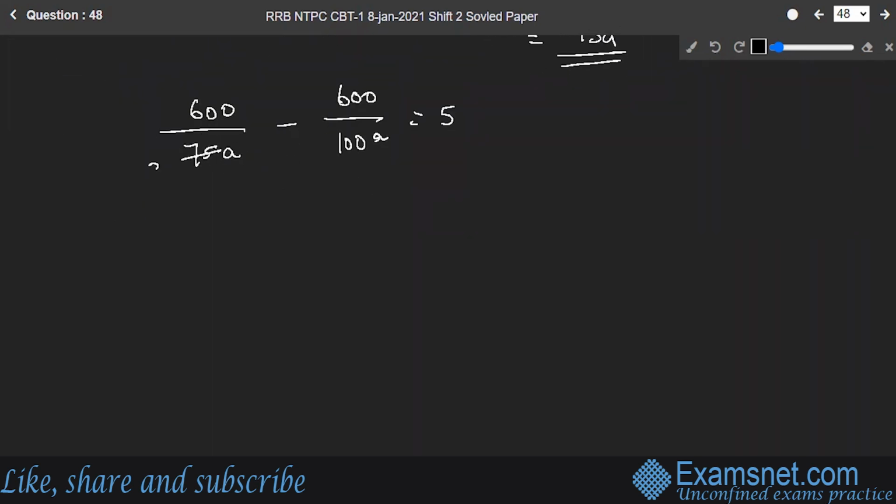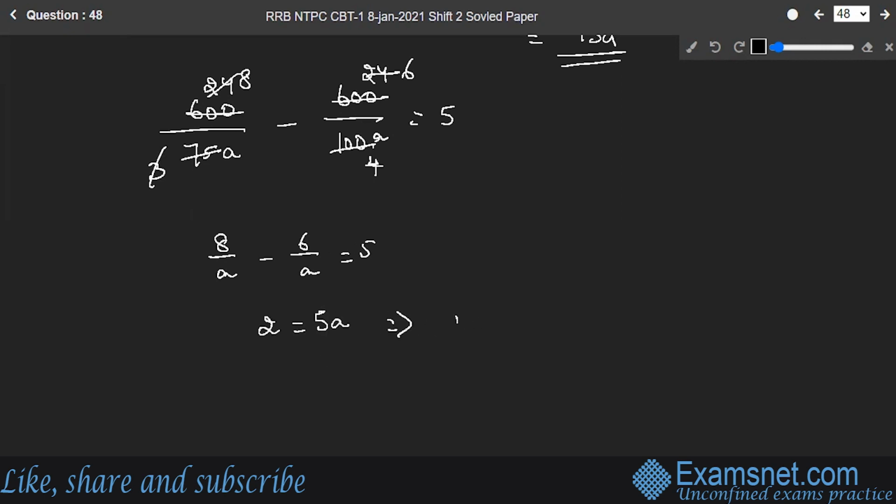This will cut at 7 and 3, and this will come at 24. Same 24, and here will be 4. So this will cut at 6 again, and this will cut at 8. Okay, so now you will have 8 upon A minus 6 upon A is equal to 5, or 2 is equal to 5A, or A is equal to 2 upon 5.